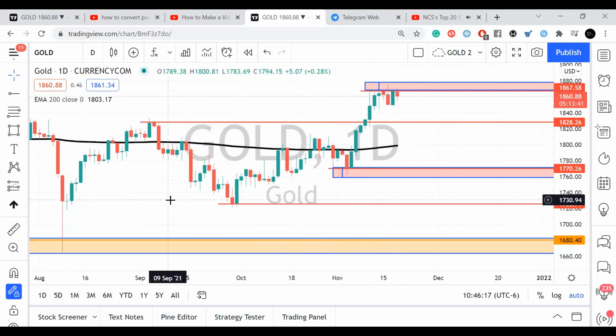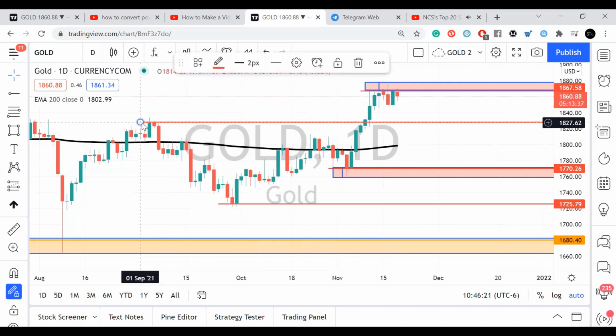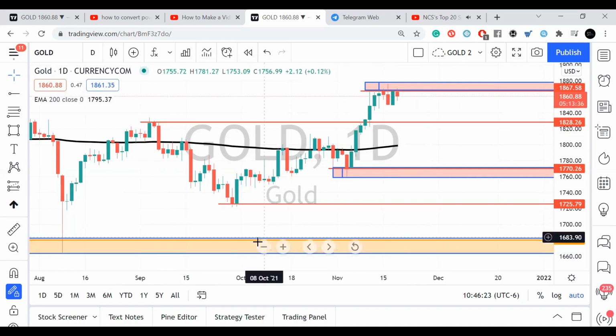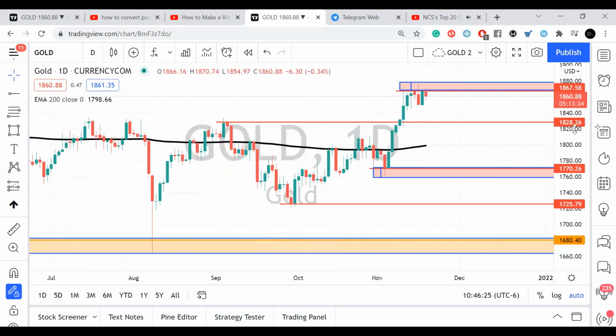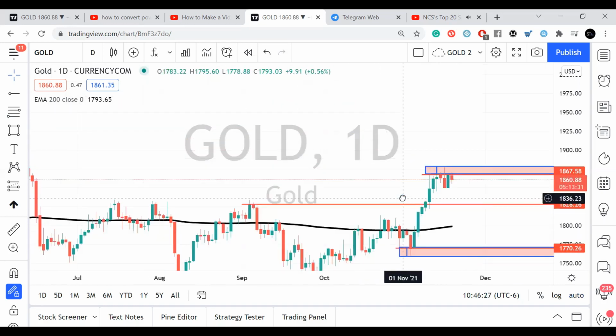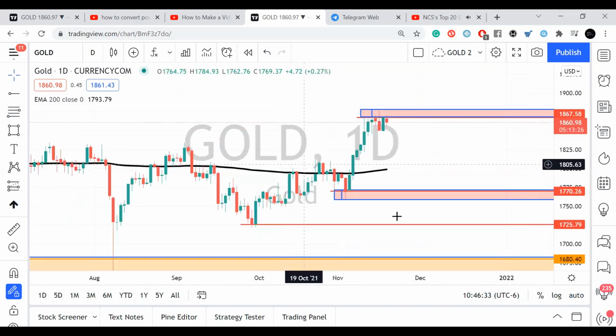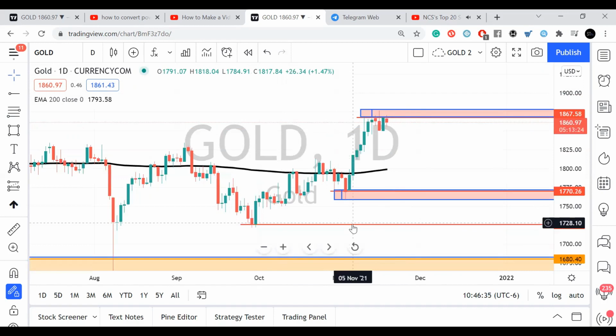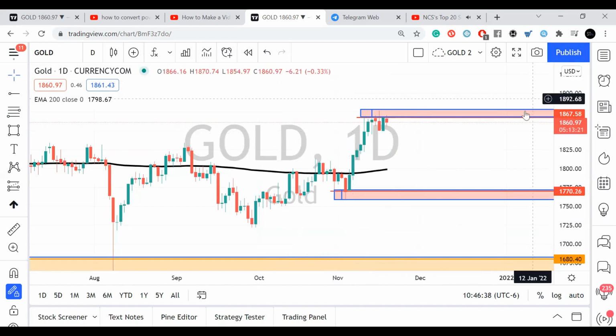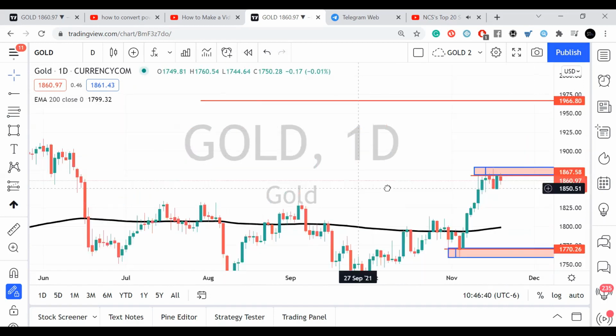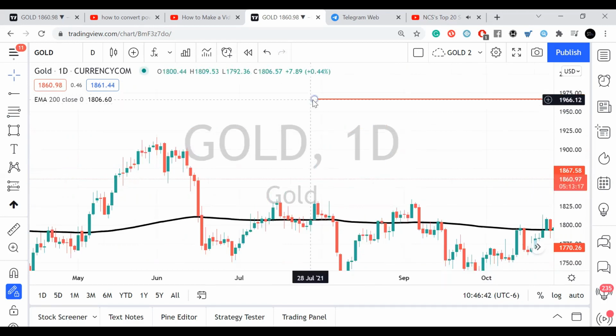But where I'm generally looking at on gold is here. See where I'm looking at. I know this is our current low, but see where I'm looking at, where gold will come to.